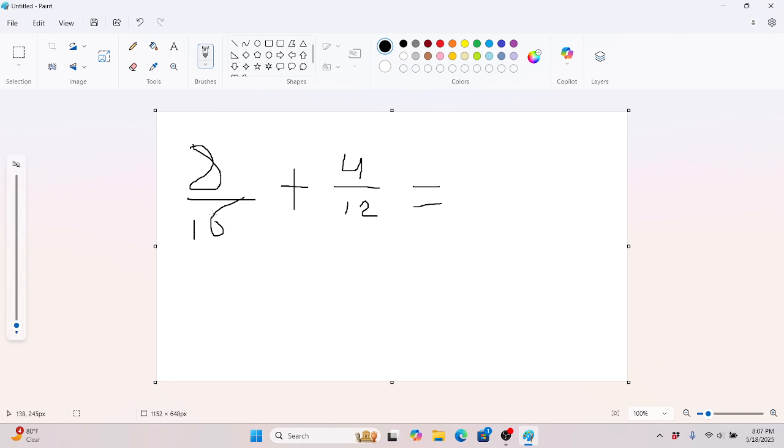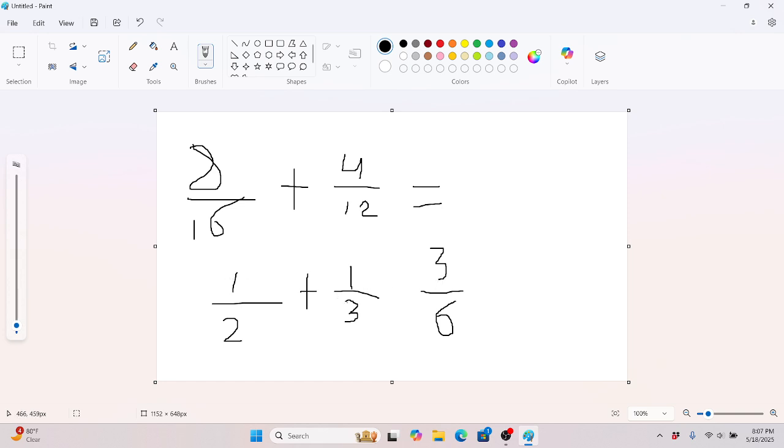So I know 8 goes into 16, so that's 1/2 plus. I know 4 goes into 12, so 4 goes into 4 once, goes into 12 3 times. They're different numbers. So what number do these two multiply to that are the same? It's 6. You'll learn that. Trust me, you'll do it. So how many times does it take 2 to get to 6? 3 times.